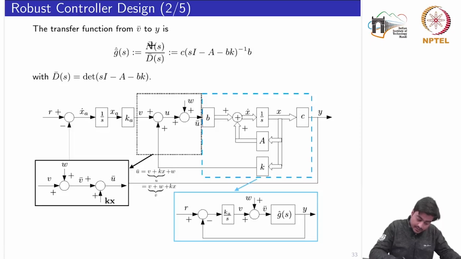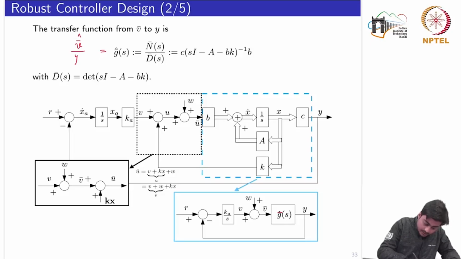And we assign it N bar over D bar, where D bar is the determinant of this matrix. Now see the rest of the part. This should be G bar hat, because G bar hat is now this complete part with the state feedback. We have replaced this one. Let's write it clearly so that things become clear. This is V bar hat and Y hat of S.